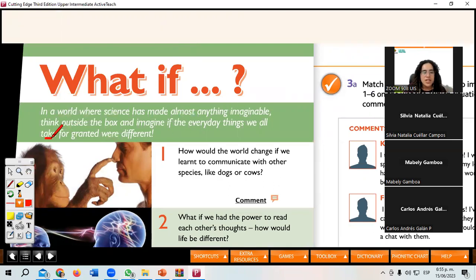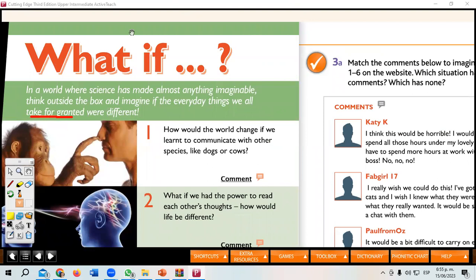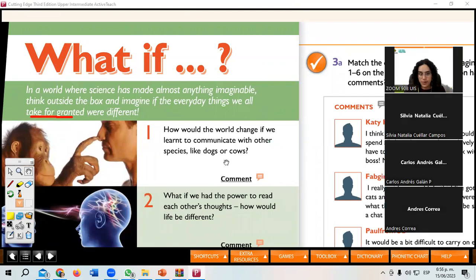Do you know what is to take something for granted? What's the meaning of this, to take something for granted? No? No, teacher. Dar por sentado. In Spanish, like maybe your house or that you have food every day, you take these things for granted.